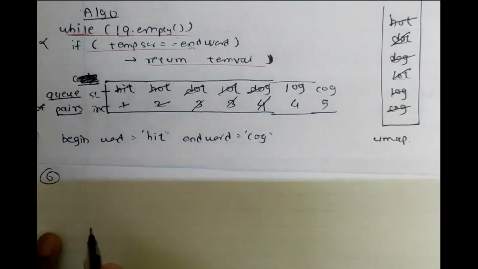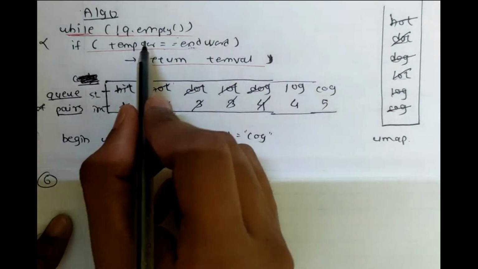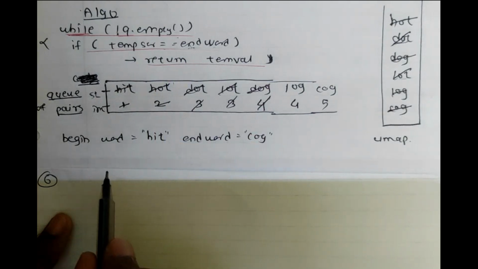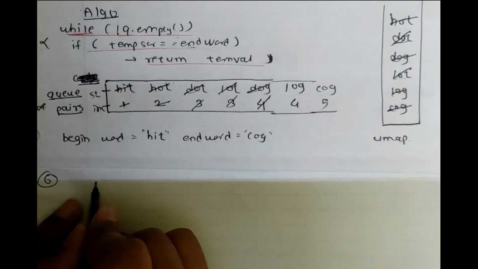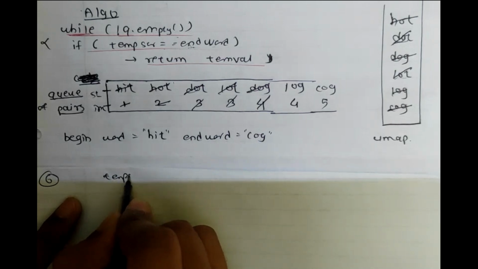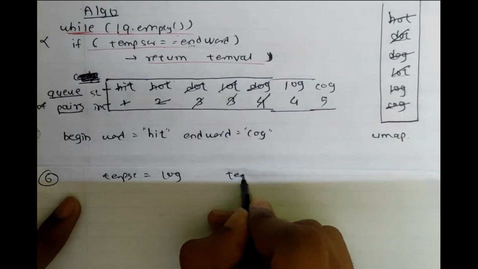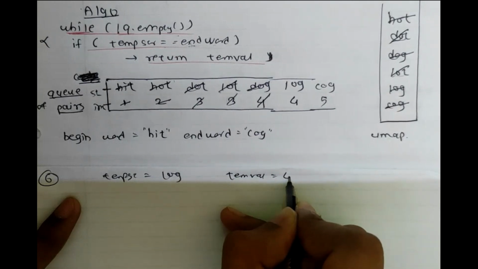For the sixth iteration, is Q empty? No, Q is not empty. So temp str is LOG and temp val is 4.